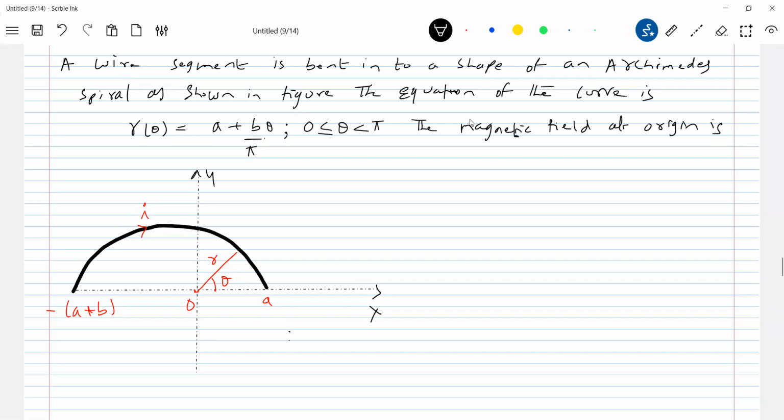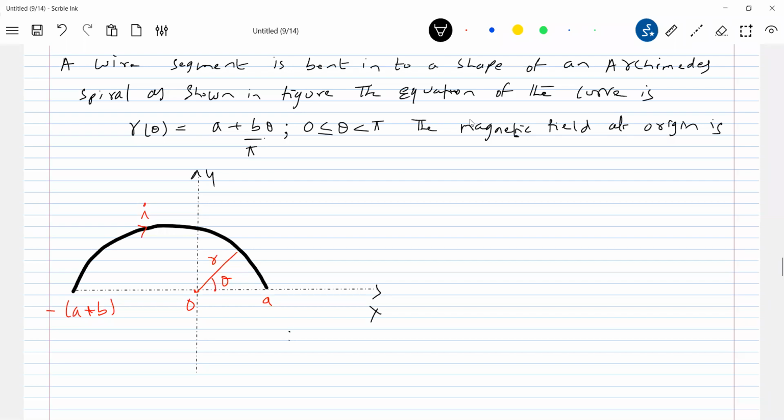Mu naught I by 4b into ln a pi minus b by a pi plus b. No, that will not come. Something like 1 plus b by a will come. Log of a plus b by a. No, log of 1 plus b by a. Only that much.